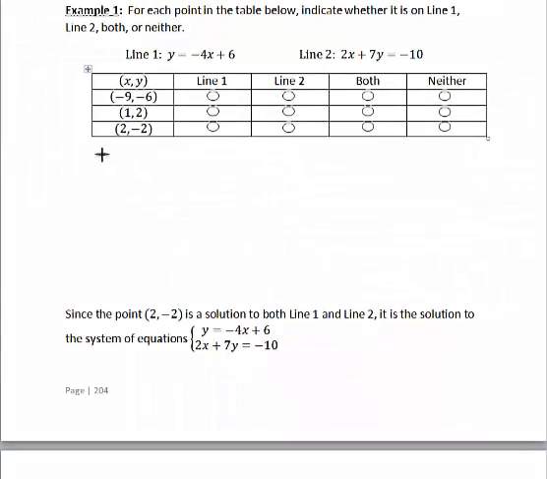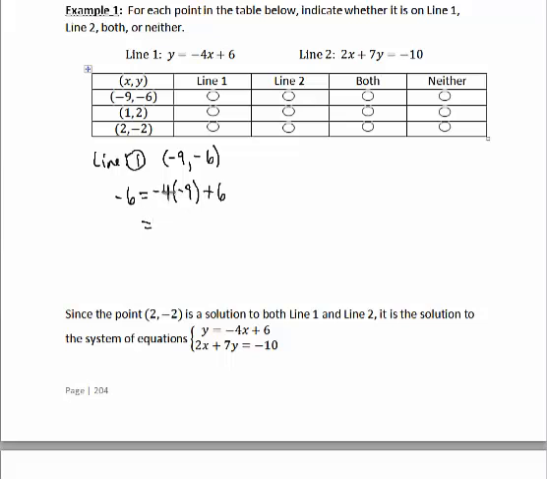Alright, so for line 1, we simply put in the first ordered pair that we're going to test, -9, -6 for x and y. -9 is my x coordinate, -6 is my y coordinate. So here we go. Line 1 is y comes first, it's on the left, and that is a -6. Then we multiply the x, -9, by a -4, which is the slope of this line, and then we add 6 to that.